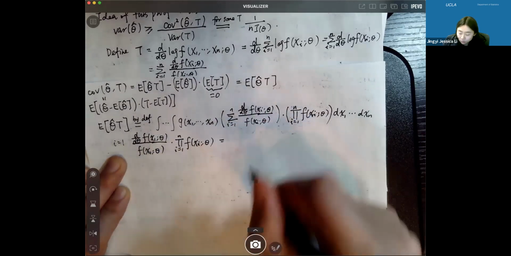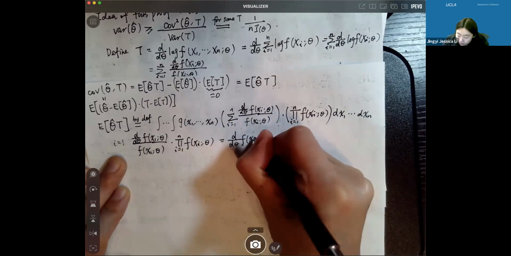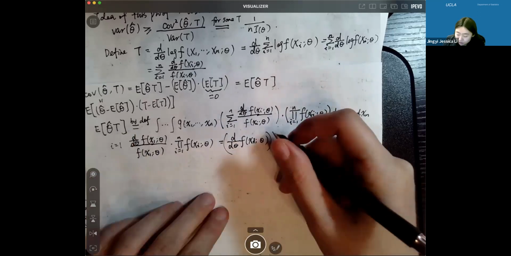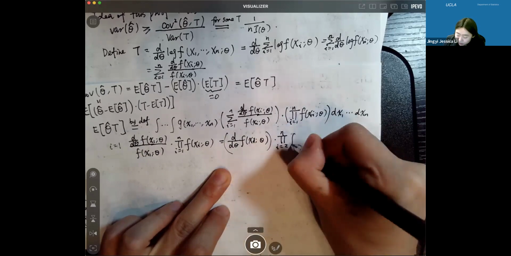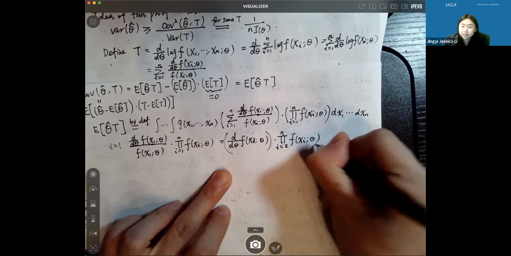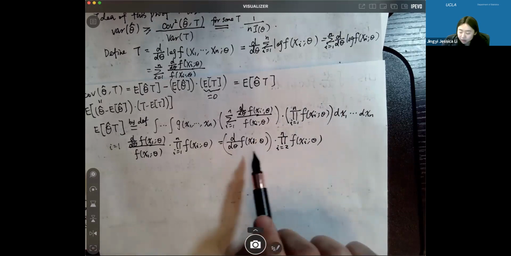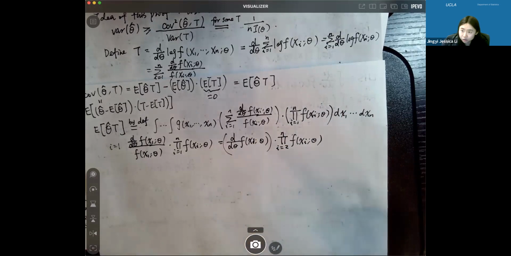So then we have d theta f(x1; theta) from the numerator, times the product with the first term removed, i from 2 to n, f(xi; theta). This means that you are just taking the differentiation for theta in the first term, f(x1; theta), keeping the remaining terms unchanged.